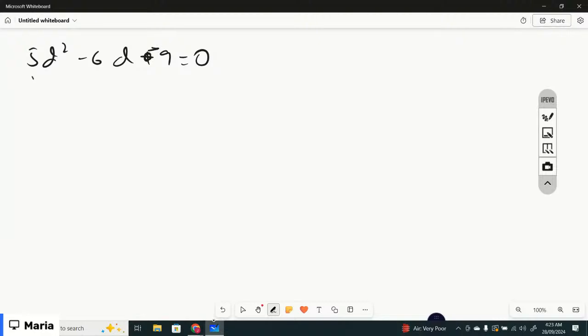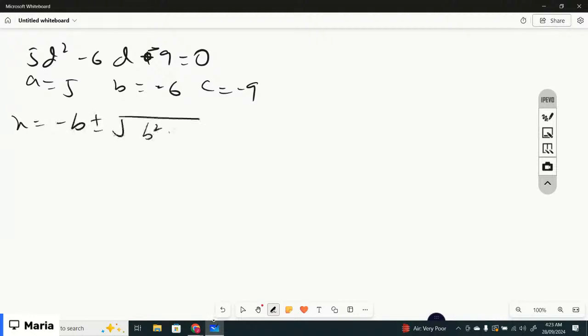Okay, so a equals 5, b equals negative 6, and c equals negative 9, right? So the quadratic formula is x equals minus b plus minus square root of b square minus 4ac, divided by 2a.